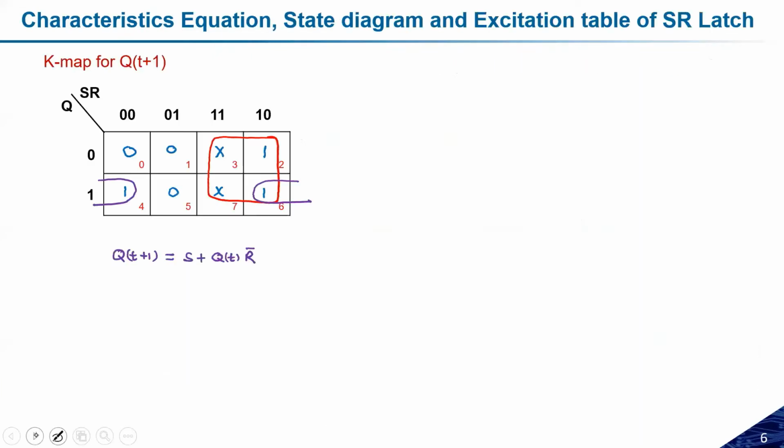This is an important point: S into R is equal to 0. So these two are the important equations, the characteristic equation for the SR latch.